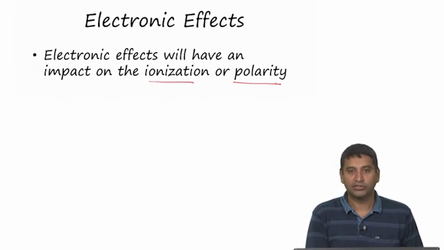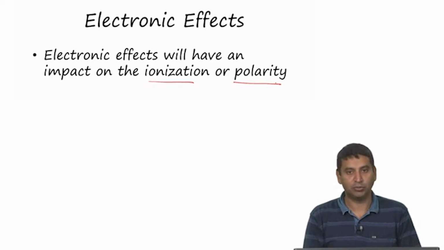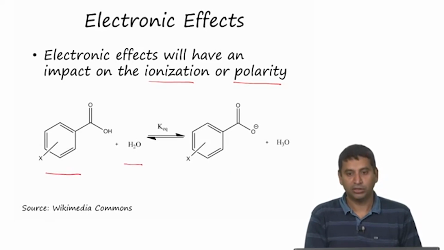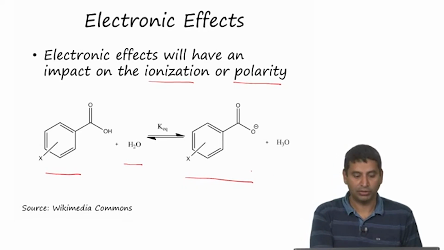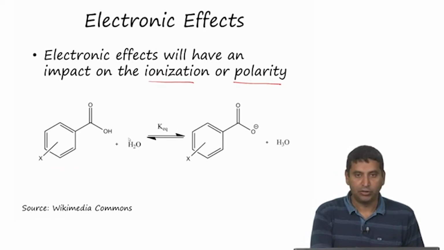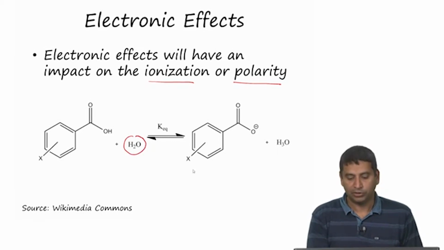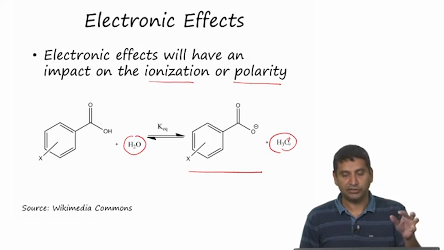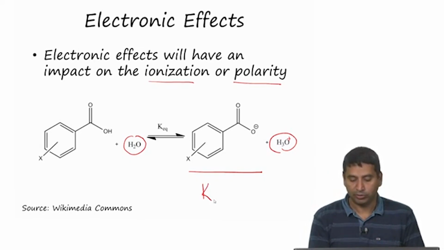One of the standard ways of looking at ionization is to look at acid base equilibria. If I take benzoic acid and dissolve it in water, I can determine the ratio of benzoate to benzoic acid. Benzoic acid equilibrates in water to produce benzoate and H3O plus. We can measure the amount of benzoate produced, and from that determine an equilibrium constant.